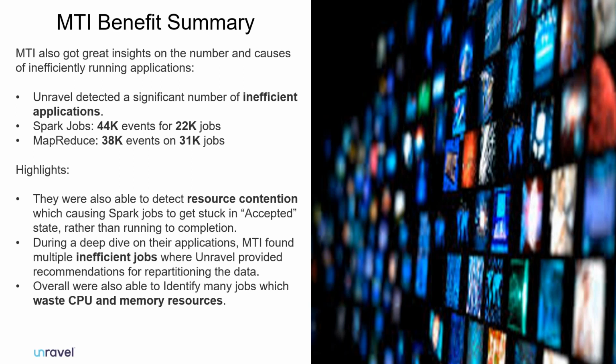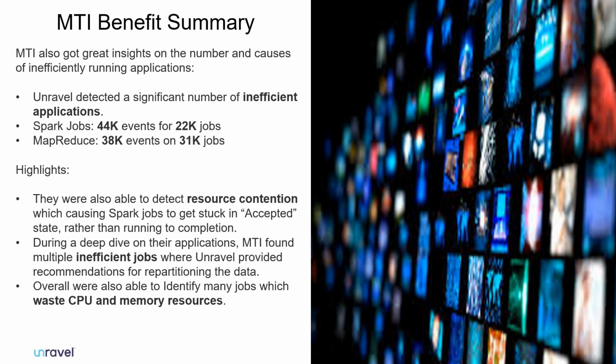And just to point out some of the highlights that they were able to benefit from Unravel, they noticed that there was a whole bunch of Spark jobs that were in the accepted stage. And rather than running to completion, they took hours just in that accepted stage. And we were able to deduce that there was a resource contention problem that was actually blocking thousands of jobs.